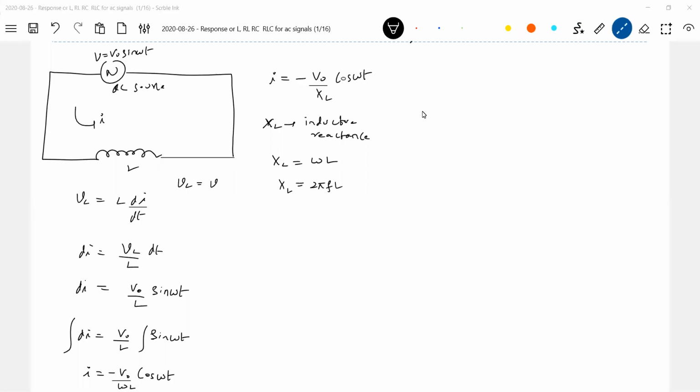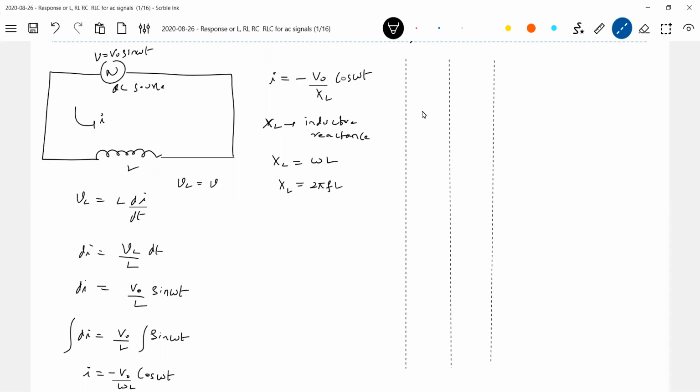This is at any time t. I'll put a small graph. Like yesterday, we calculated power, everything, so everything has to be plotted here.